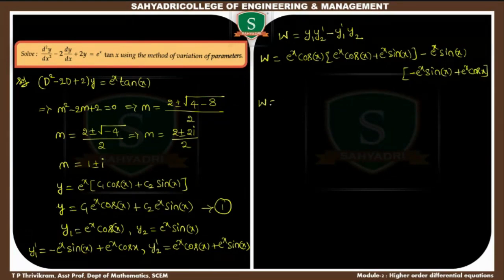So W is equal to e power 2x we will get, because e power x into e power x.